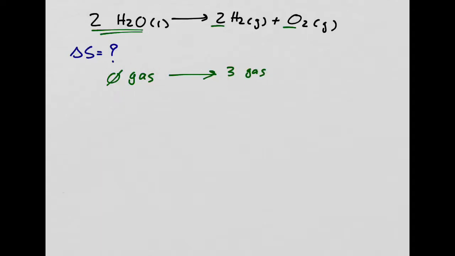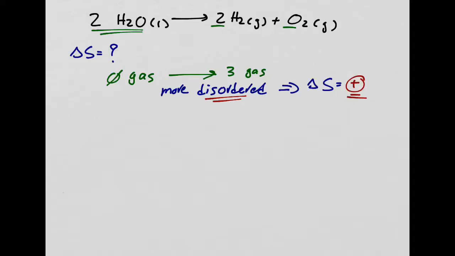What did you become? You became more disordered because gases mean disorder. If that's the case, what is the sign for delta S? Then the sign for delta S would be positive. Disordered means positive. Okay. Now, often, not always, you can predict the sign by looking at moles of the gases and see what happened.